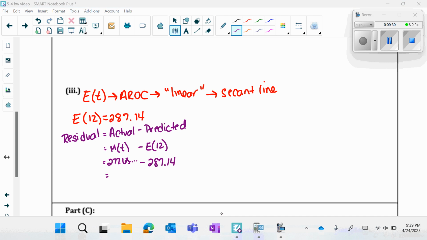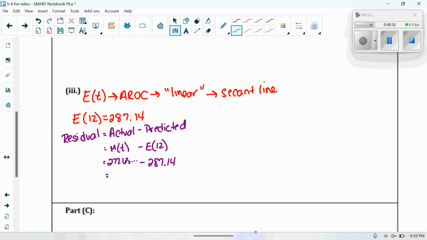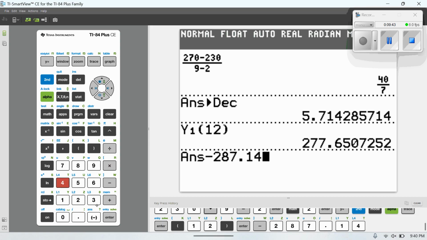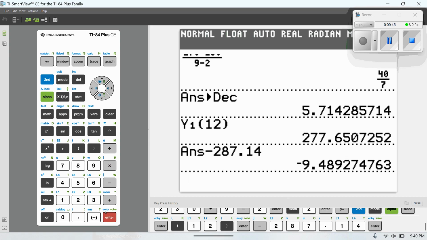And I always want to use unrounded whenever possible. So right here, I already have this stored. So I'm going to do this minus 287.14. So here's my residual. So my residual is negative 9.4892.